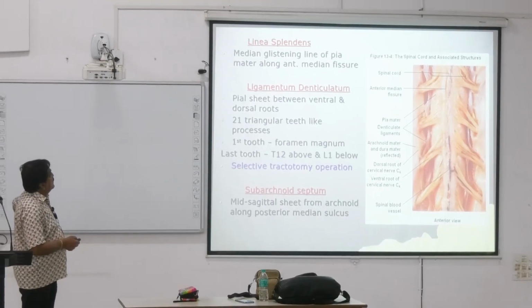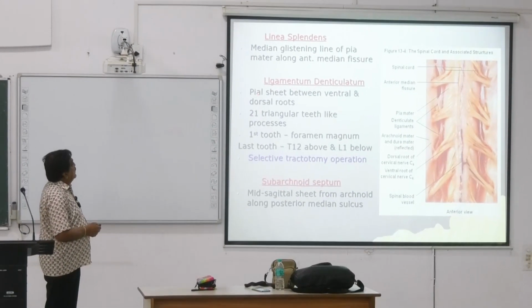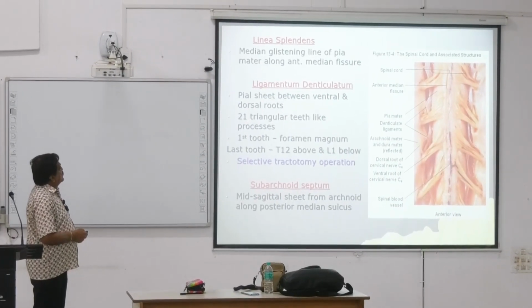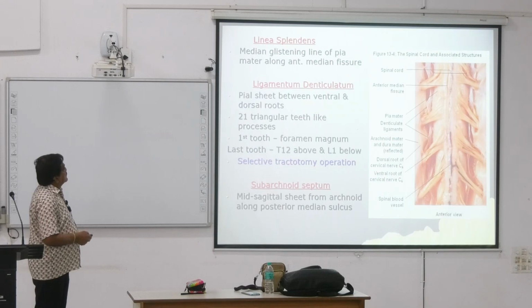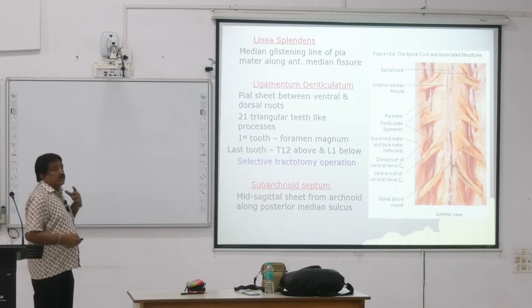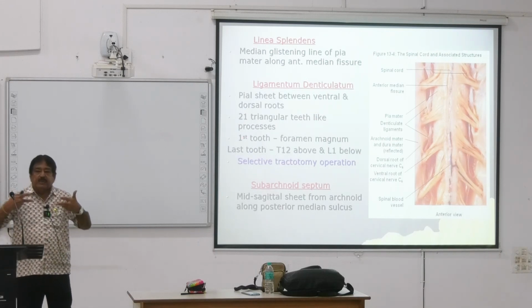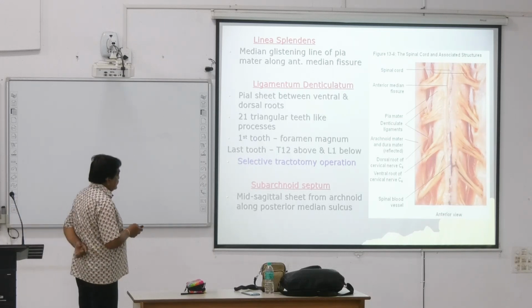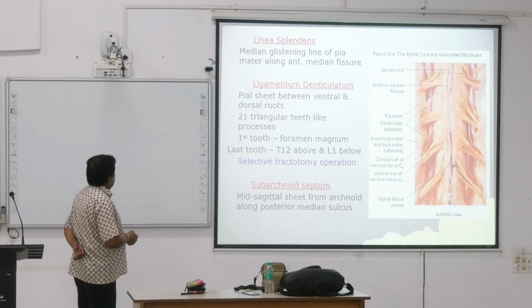The ligamentum denticulatum, a pial sheath between the ventral and dorsal roots, has 21 triangular teeth-like processes on the spinal cord. The first tooth is at the foramen magnum and the last tooth at T12 and L1 below.